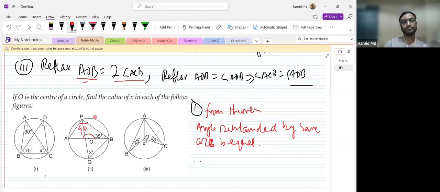Yes. So now this is X. So add X plus 90 plus 35 and find the X. In this angle, we will be getting all the angles.